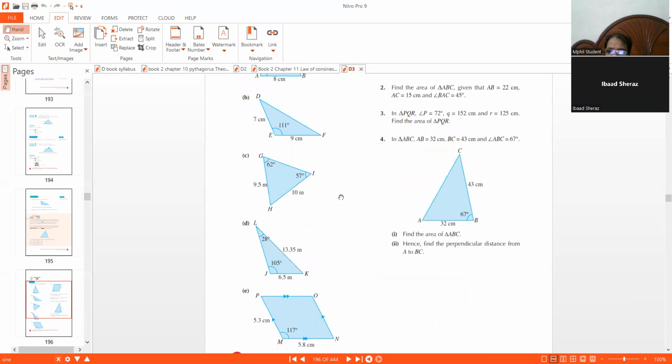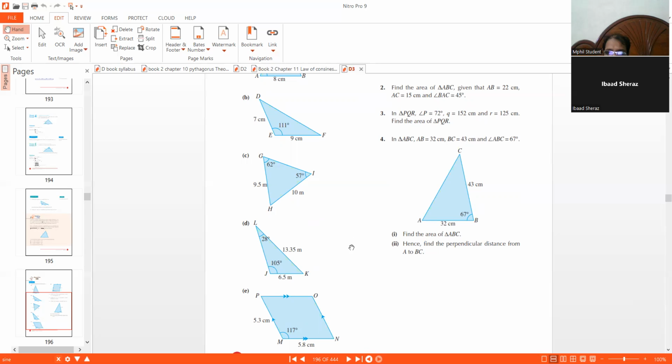Now over here, two sides and two angles. What do you need to find out? How will you do that? So you add the two angles.